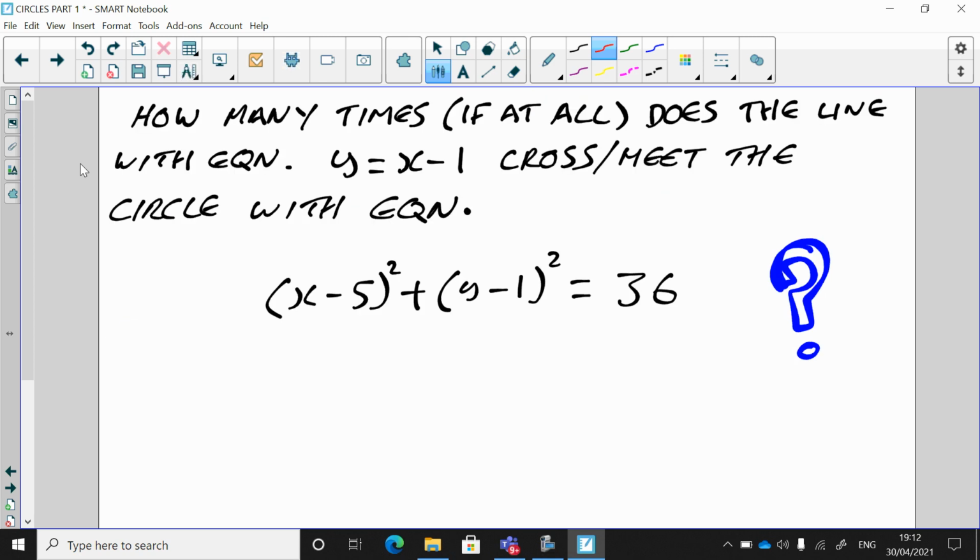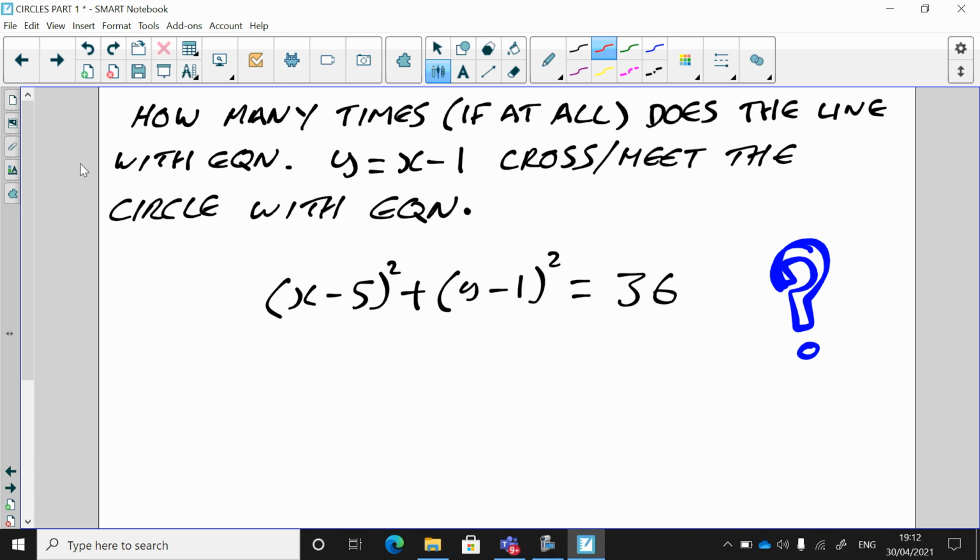So I'm going to move on here and see how we can use it. I'm just going to come up with a question. We're going to have a line, and we're going to have a circle. Does this line meet the circle at all? Does it meet it on one occasion, or on a maximum of 2 occasions?